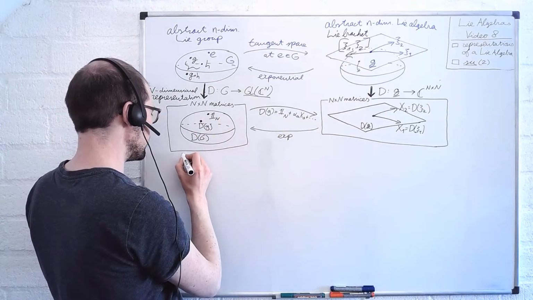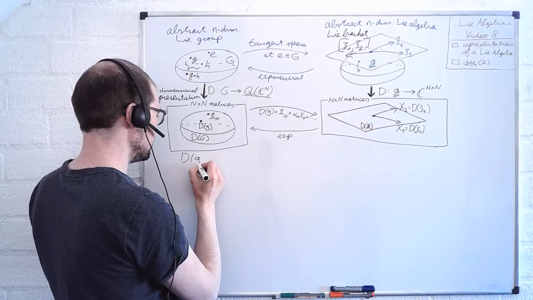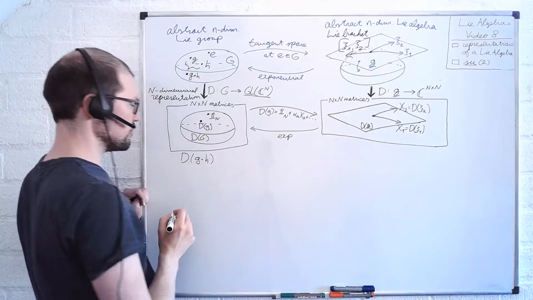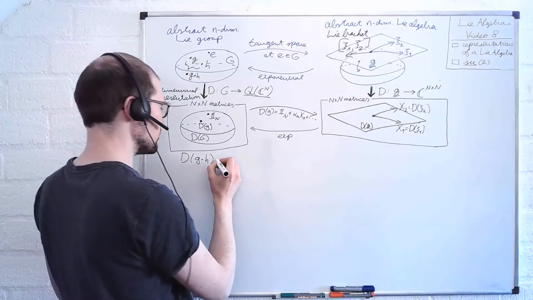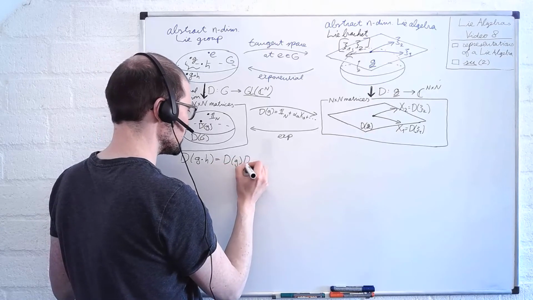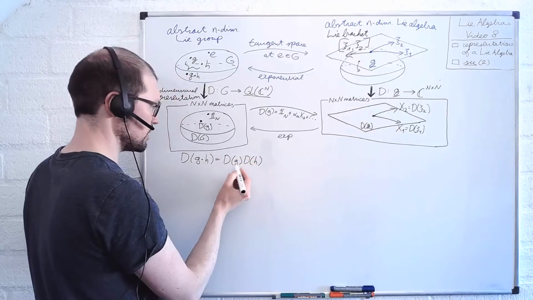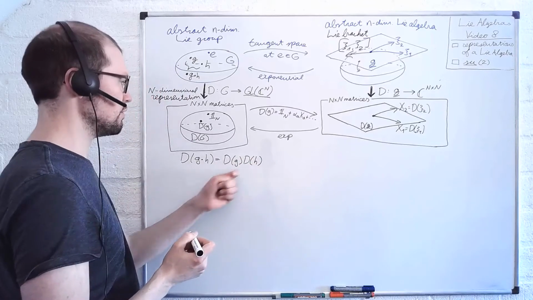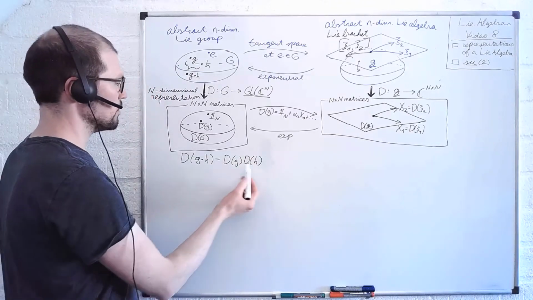So we have to require that if I look at the matrix associated to the product of two group elements, that is the same as taking the matrix multiplication of the matrices of the individual group elements.